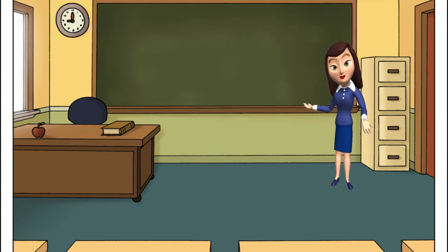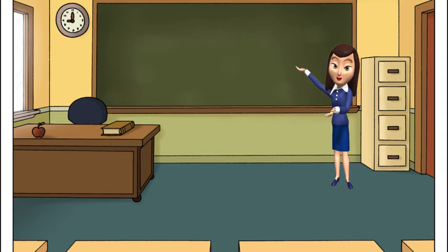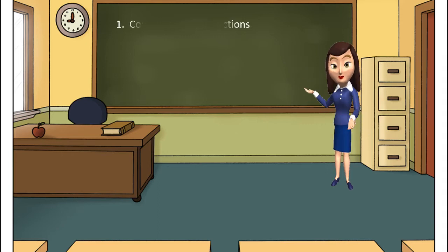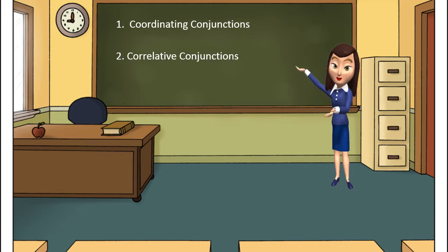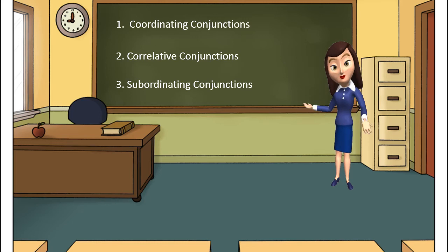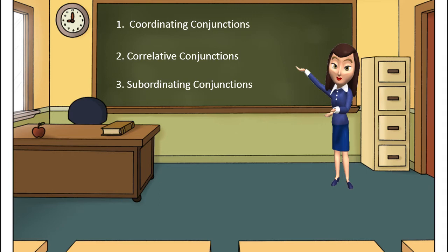Okay. Let's continue. We have different types of conjunctions, namely coordinating conjunctions, correlative conjunctions, subordinating conjunctions. Anybody who can define any of the aforementioned types of conjunctions?